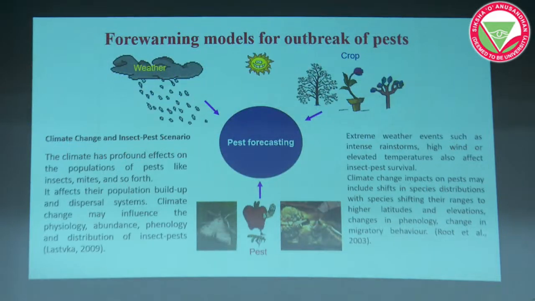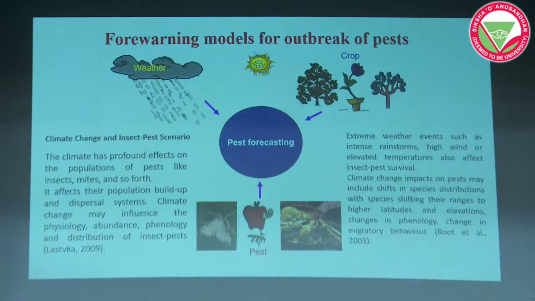Another thing is pest forecasting. With climate change, pests and diseases are very, very sensitive to temperature and humidity, so whenever the climate changes, this will also be affected, mostly the transportation of the pest and the physiology. So here also a lot of study is required about pest and disease problems and climate change.